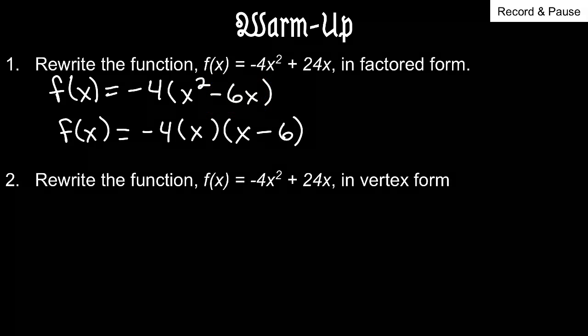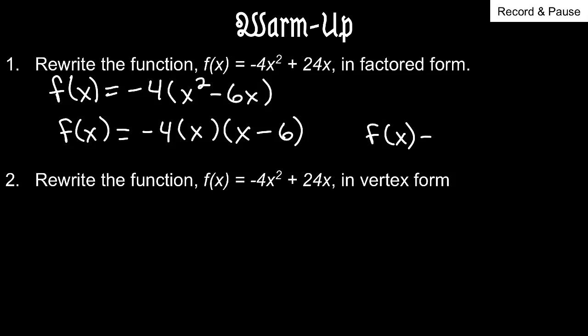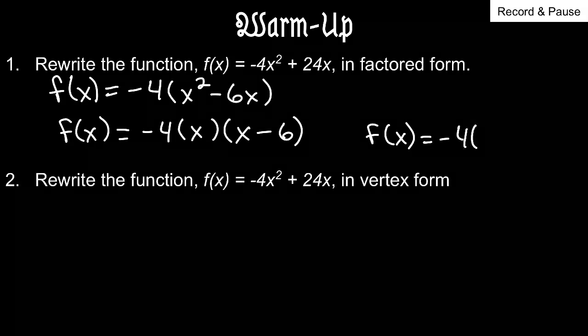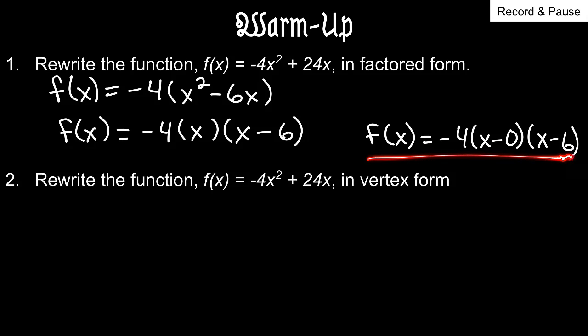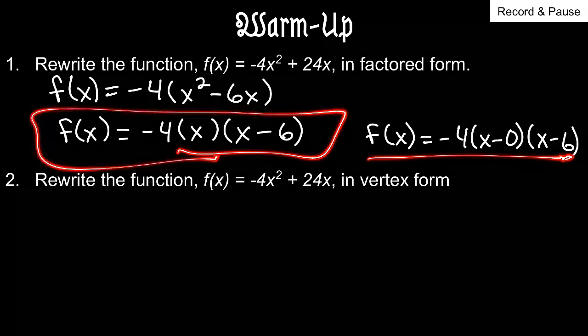And that's pretty much factored form, but we can make it look more like factored form. So we could say f of x is equal to -4 times the quantity x minus 0 times the quantity x minus 6. You may like that better because it looks strictly more like the factored form, but this is also just fine for factored form.